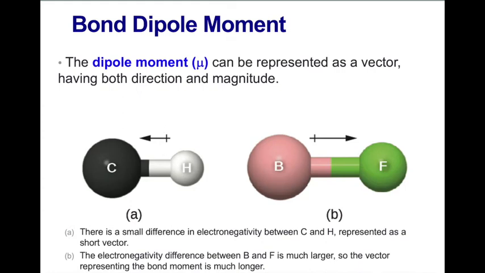And so we can show this small polarity by just showing a very short arrow. That difference in electronegativity being really small, it's a very small dipole. That's why we can ignore it for the most part. As opposed to if we have a molecule that has fluorine in it, oh my gosh, it's really very electronegative. So it will be pulling electrons towards itself, and this will be a long vector, a large dipole moment in this case.